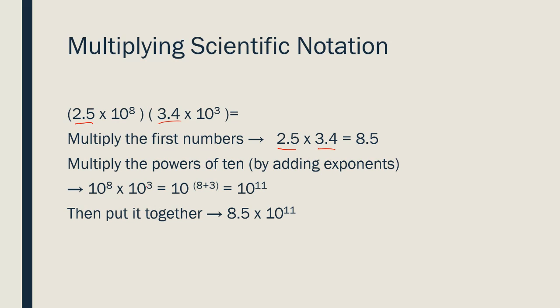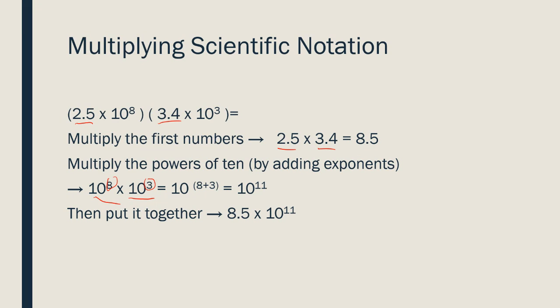Then when you multiply the powers of 10, hopefully you remember, you just add the exponents, because they have the same base. So 8 plus 3 is 11, so it's 10 to the 11th. Then you just combine everything again, so it's 8.5 times 10 to the 11th.